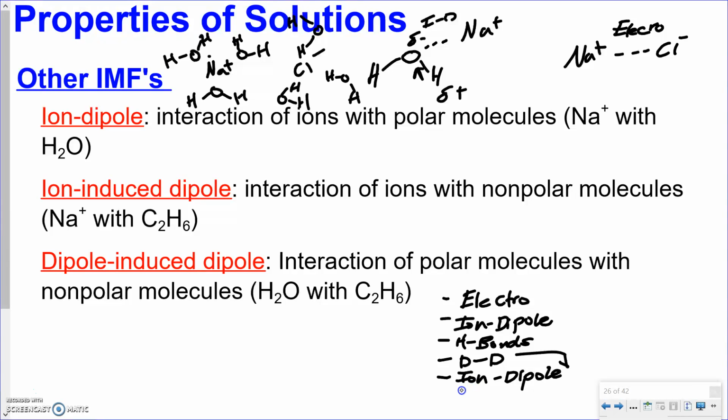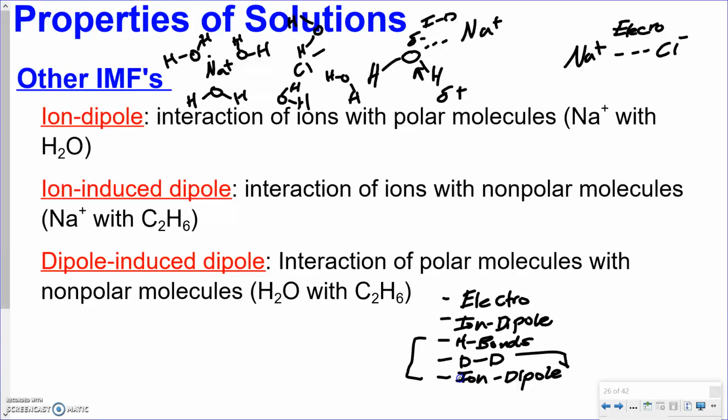And in reality, these two could be switched. The reason I'm saying could be is because it does depend a lot on the size and charge of the ion. These two could probably flip back and forth, and even hydrogen bonds might flip back and forth. So these three, in terms of actual positioning, could vary. Again, that reasoning is going to be based off the size of the particles that are interacting with each other. What I'm referring to here again is Coulomb's law, and Coulomb's law is going to play a big role in terms of how strong these forces actually are.